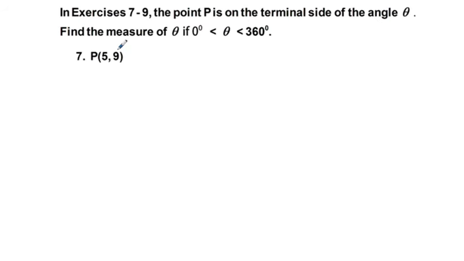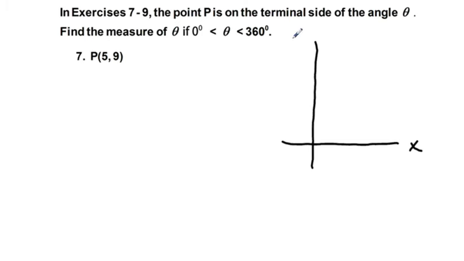Next odd number problem. Exercises 7 through 9, the point P is on the terminal side of the angle theta. Find the measure of theta if theta is between 0 and 360 degrees. So in this case, we have the point 5, 9, so let's go ahead and construct an x and y axis.